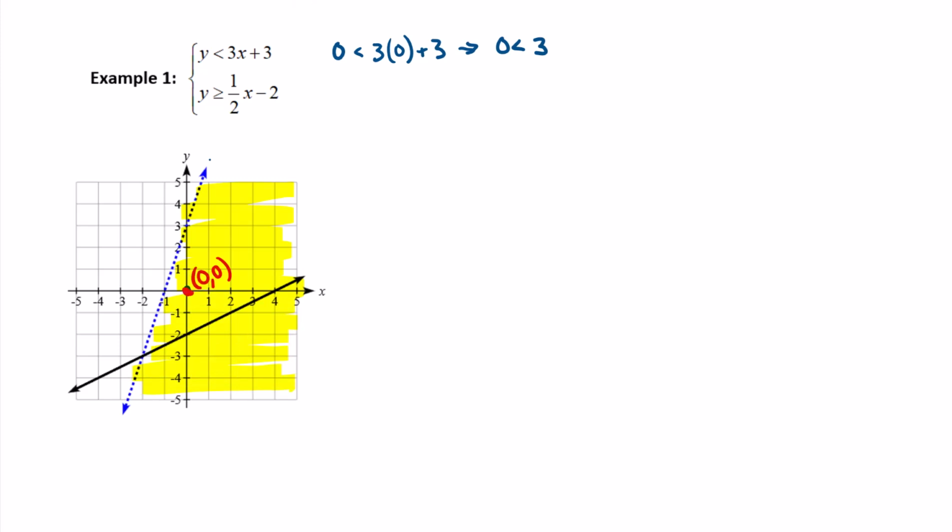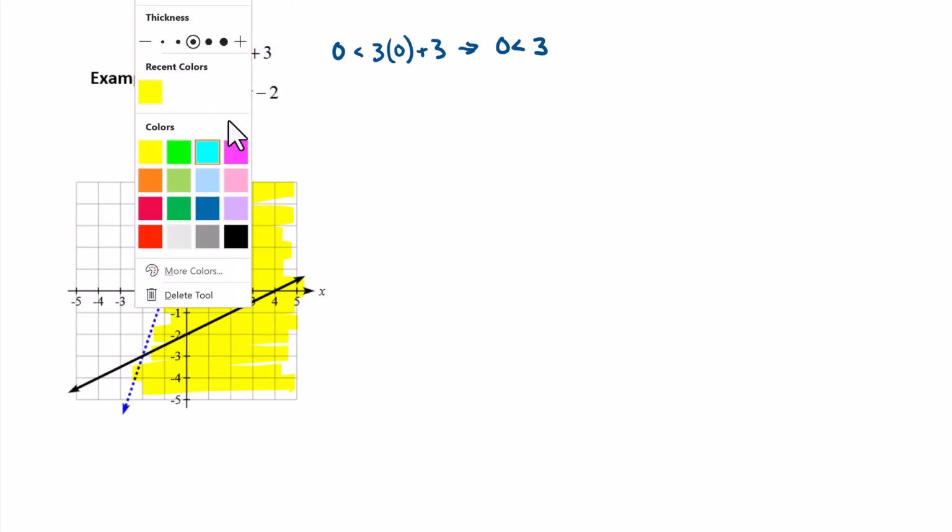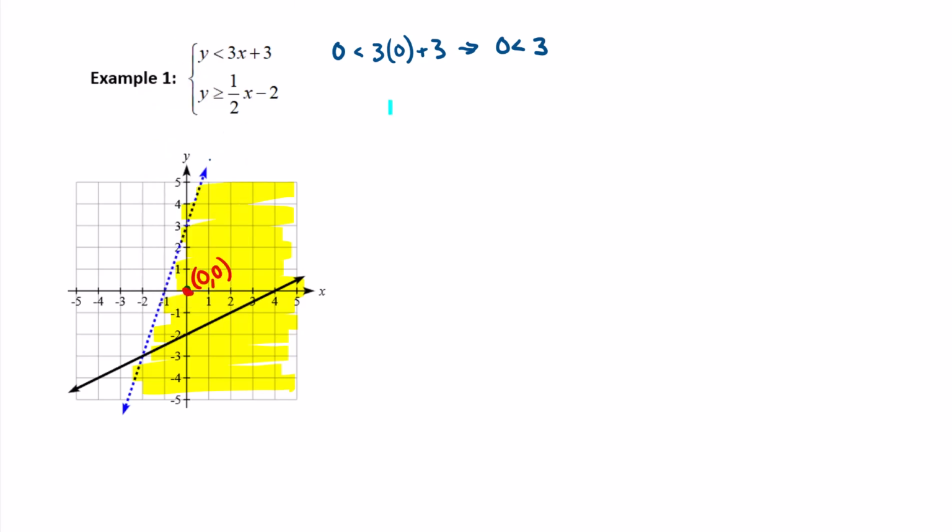Now let's go ahead and do the same thing over again with the second inequality. So this one here, I'm going to also substitute in the point 0, 0 into the second inequality, and this will give me 0 is greater than or equal to 1/2 times 0 minus 2, which, checking, 0 is greater than or equal to -2 is also a true statement.